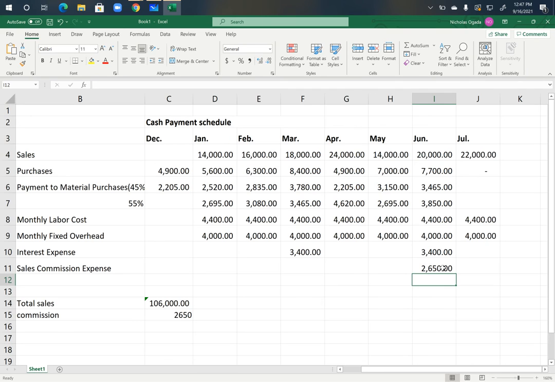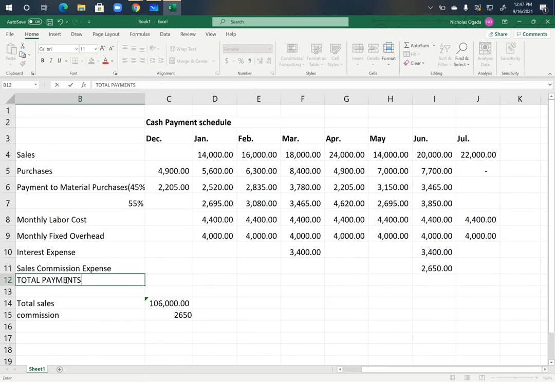Then, of course, the last part of the question is to determine the total payments. Your total payments will be: you just have to add your monthly labor cost, your monthly overhead, your interest expense, and your sales commission.